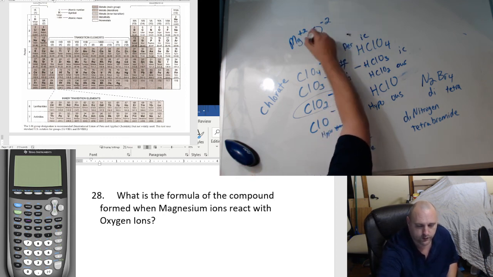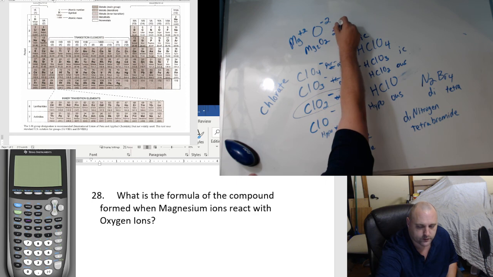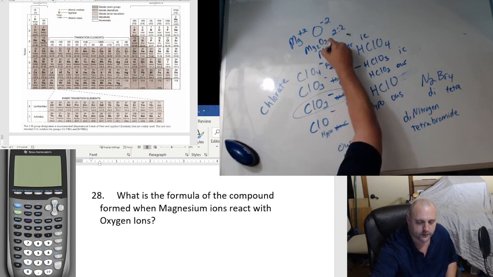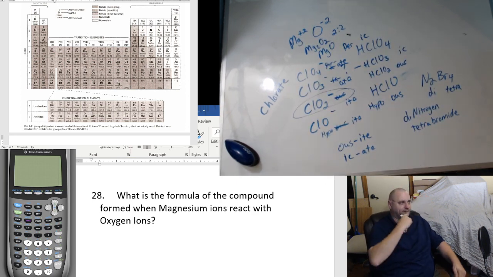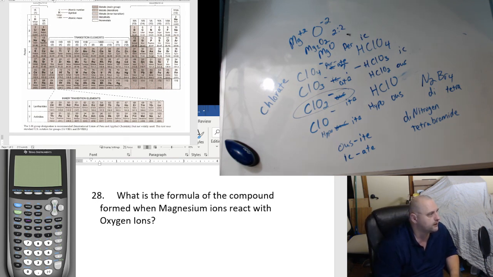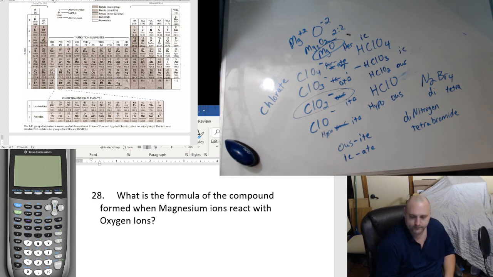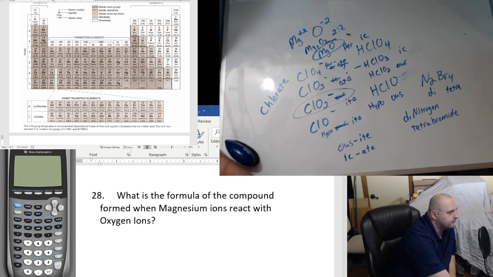So I crisscross, I get Mg2O2. That's not my answer because that's 2 to 2. My answer is MgO. So there's my answer: magnesium oxide.